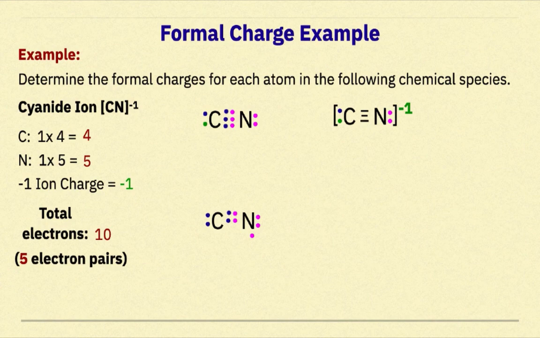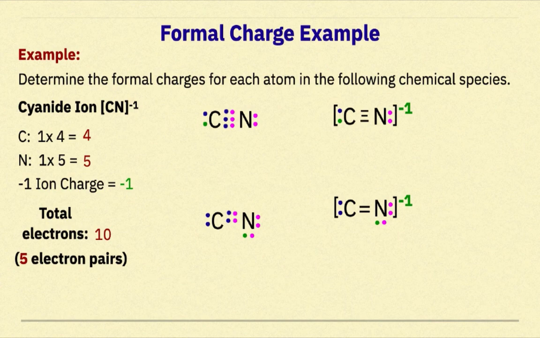Because the nitrogen is the more electronegative element. So I'm going to put that extra ion charge at the bottom. Now, what does the structure look like for this one? Well, it looks something like this. So now you have two potential structures, and you have to ask yourself, which one is the better structure?